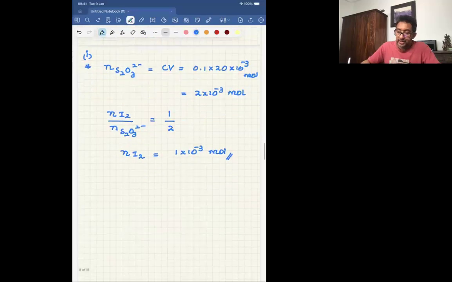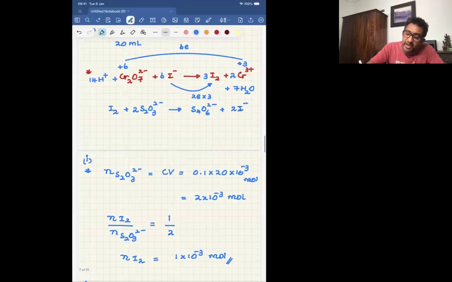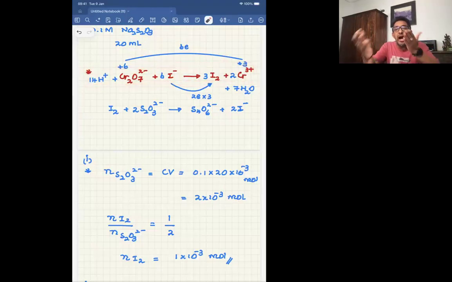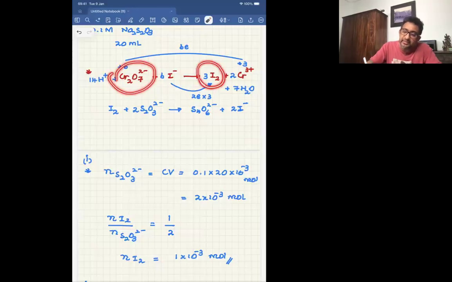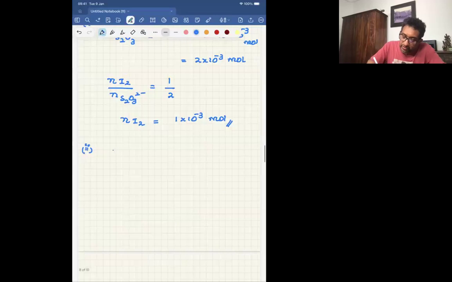Right, okay. Now let us look at the second part. Calculate the number of moles of dichromate ion that reacted to give the iodine titrated in the titration. Now you can see we are looking at this reaction, because we want the relationship between iodine and dichromate. So dichromate is here, iodine is here. If iodine is formed, how much dichromate?